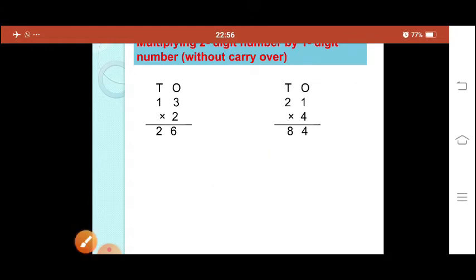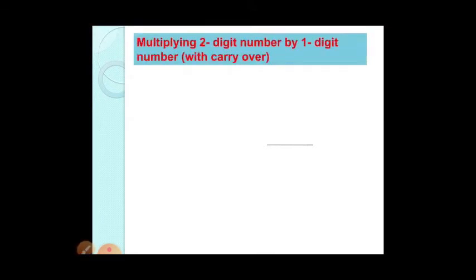Now we will learn multiplying a 2-digit number by a 1-digit number where we will get carryover. How will we do it? Let's see the first one.